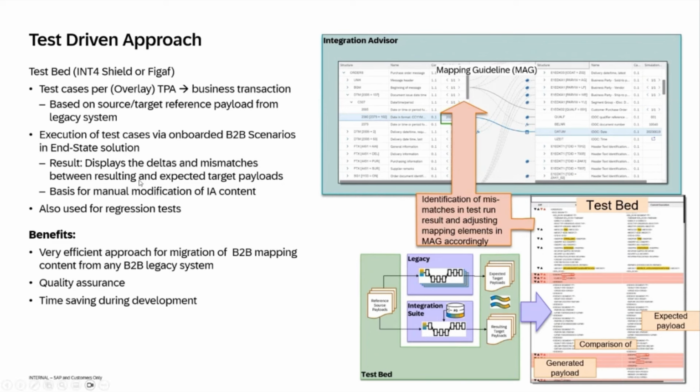The goal here is not to replicate the legacy mapping line by line, because those old mappings may include deprecated code, unused logic or even bad practices that we don't want to carry forward. So instead, we are focusing on verifying that the new mapping behaves correctly by comparing the output against the fallback solution. So what is required, or how does it work?